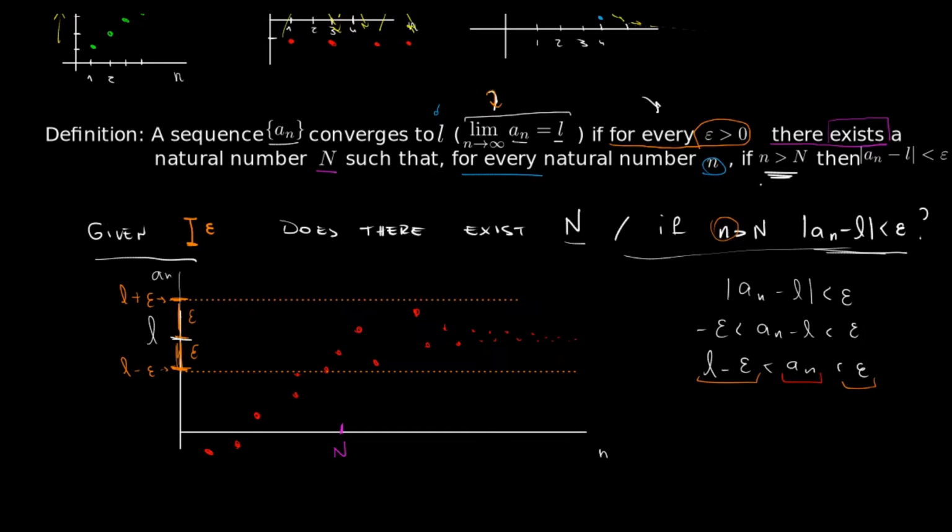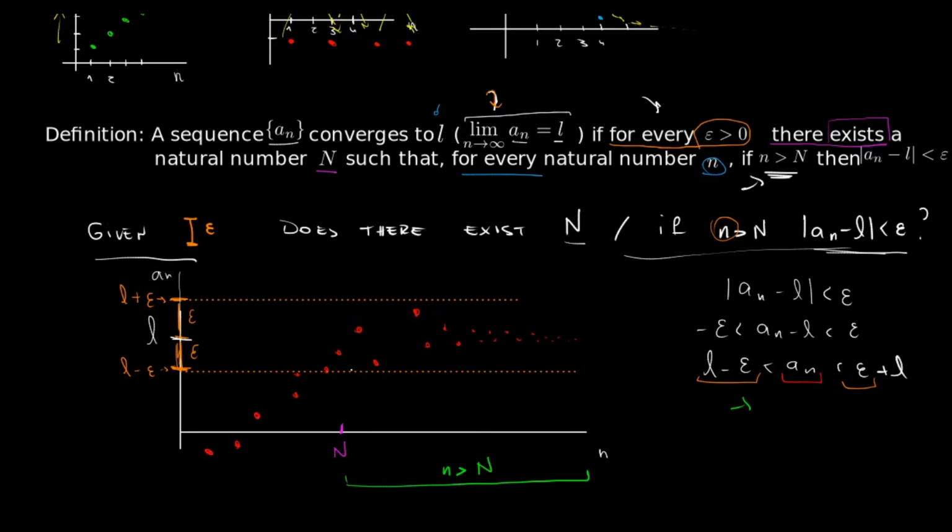We want to see if for all n bigger than N, that is for all the points, all these numbers, these are all n greater than N, we want to see if this happens, if a sub n is between L minus epsilon and L plus epsilon, and I forgot to add L here.